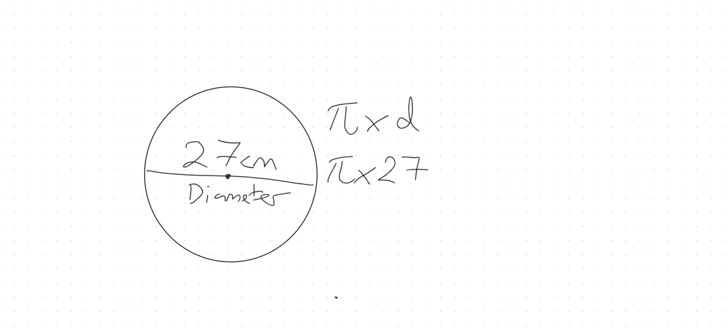So for this question, then your circumference would be 27 pi, and that's it. So effectively, all we're doing is getting rid of that multiplication sign to then show that we need 27 lots of pi would then be equivalent to what that circumference would be.